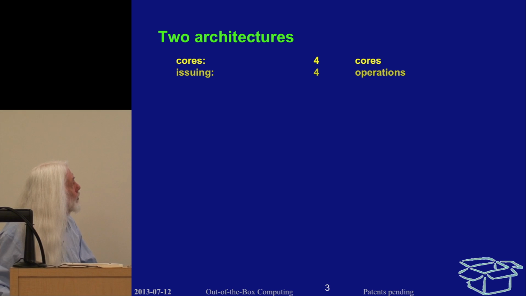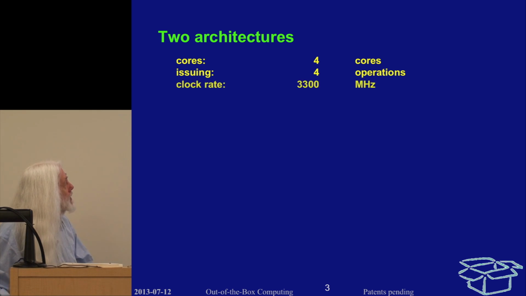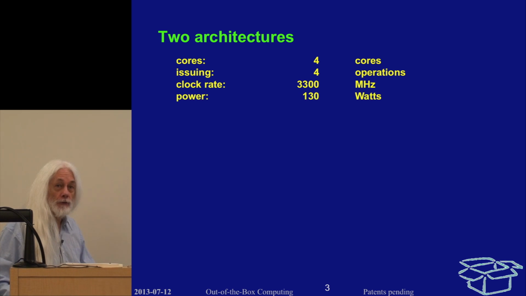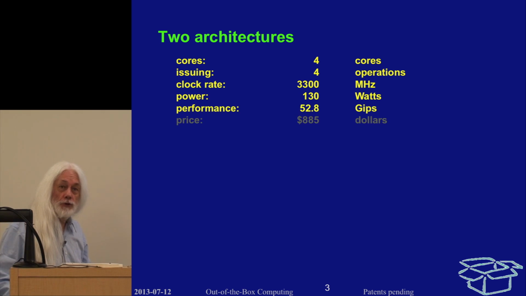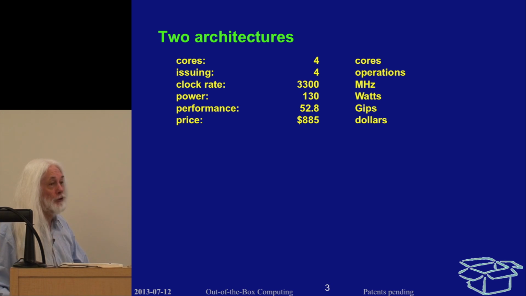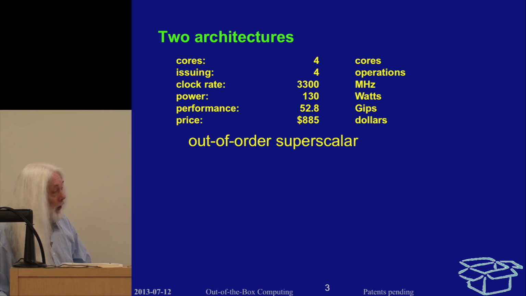This one has 4 cores on a chip, each putting out 4 operations per cycle peak, 3.3 gigahertz, burning 130 watts, giving you 52 giga operations per second and costing $885, quantity 1,000. Architecturally, this is an out-of-order superscalar architecture. You can probably guess which one, but what constitutes top of the line changes week by week, so look a couple of months back.